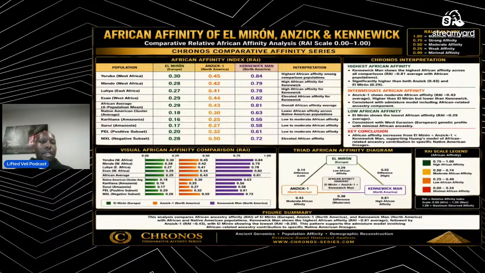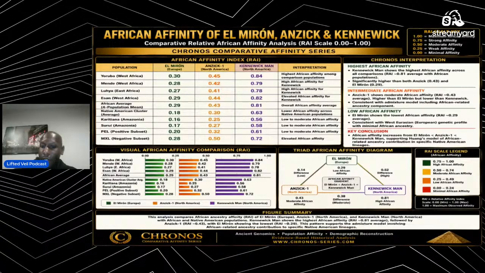So Kennewick man has the elder ancestry in that specimen that shared the most African affinity. Kennewick man's African genome is 65,000 years old, and Elmoran shares a similar signal, but it's lower than ANZIC.